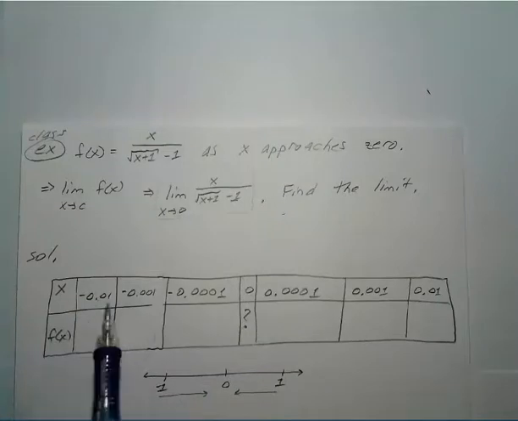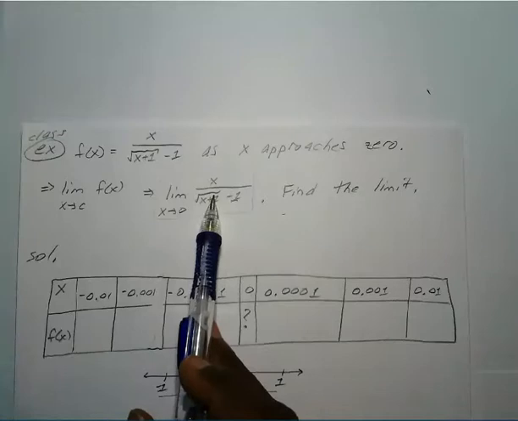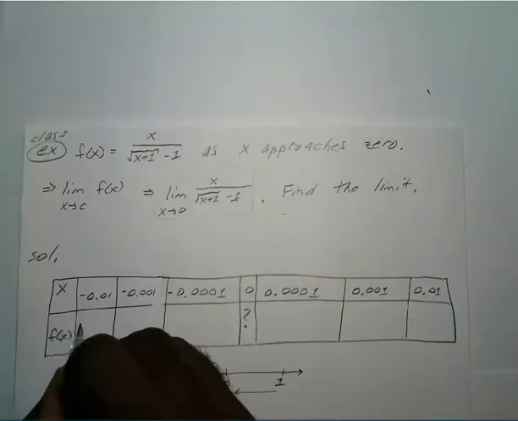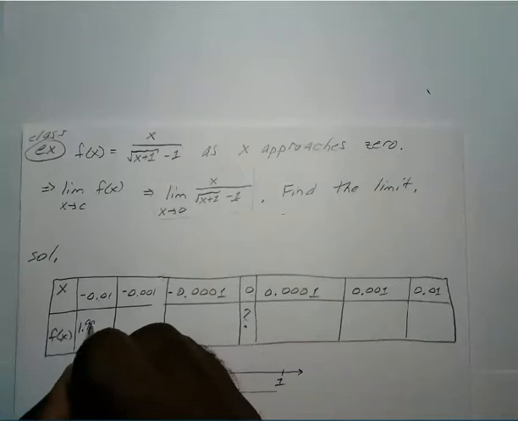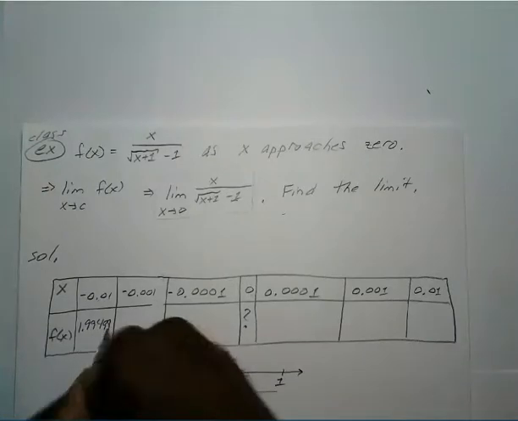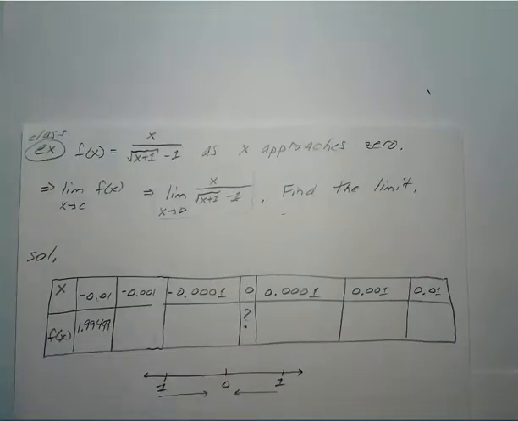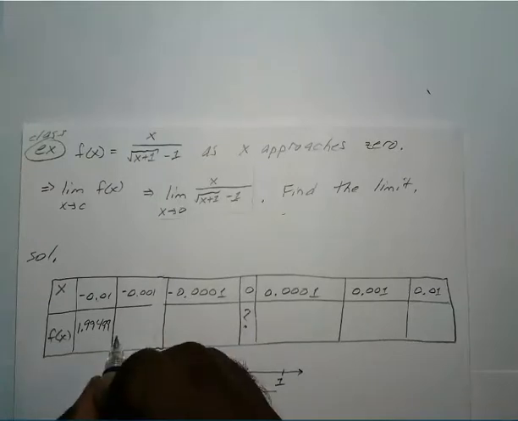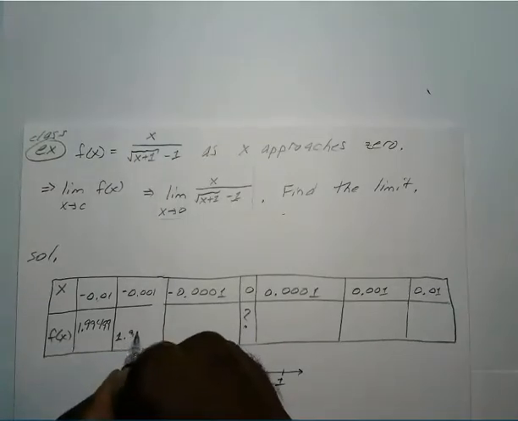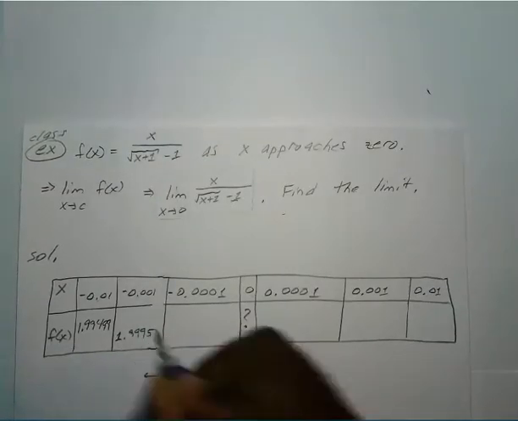Okay, so if you plug in -0.01 as your x value, you'll get, oh, I should have made these bigger, 1.99499. You plug in negative 0.001, you will get 1.9995.